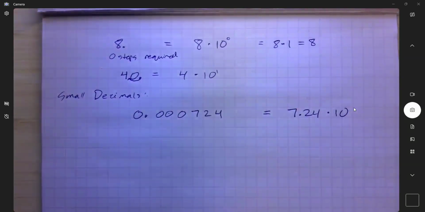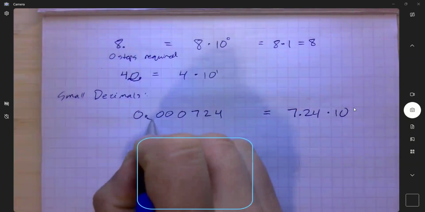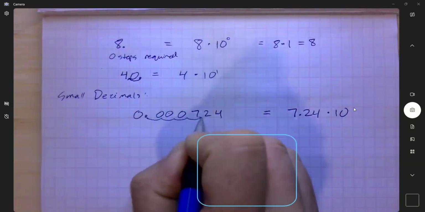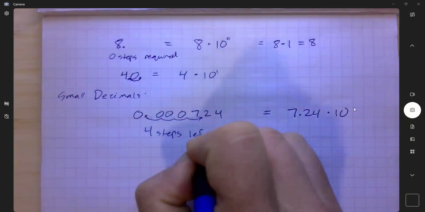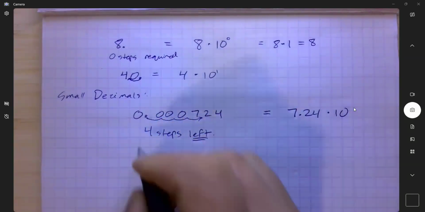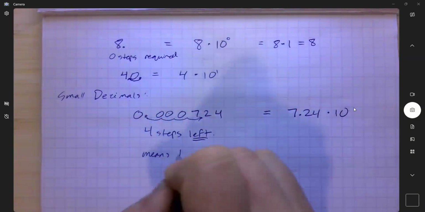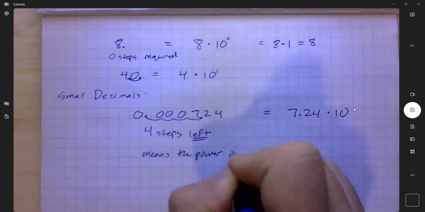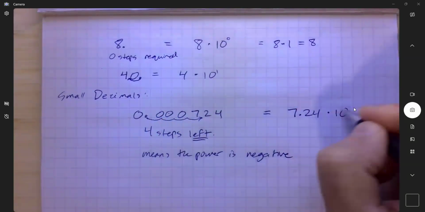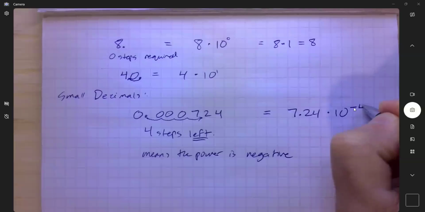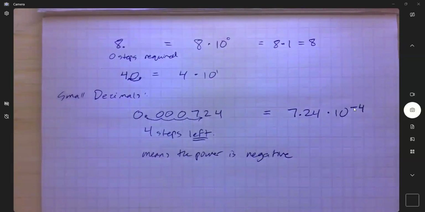How do I pick the power? I count how many steps. 1, 2, 3, 4. 4 steps, but now it's 4 steps left. That means the power is negative. 7.24 times 10 to the minus 4. So we can write really big numbers and really small numbers in exponential notation.